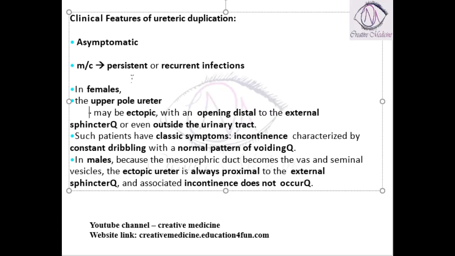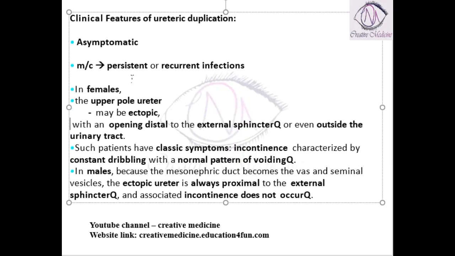It opens distally to the external sphincter. If the opening is distal to the external sphincter, or if it even opens outside the urinary tract, in such cases symptoms may be seen.